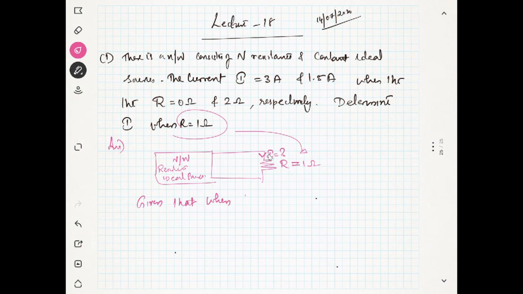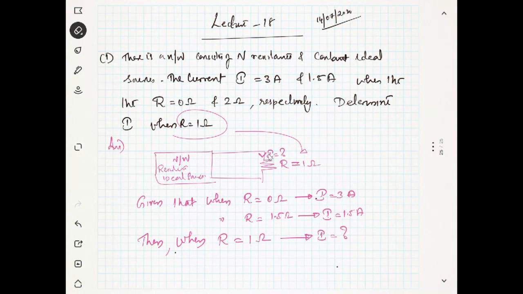But it is given that when R equal to 0 ohms, the current was 3 ampere. When R is equal to 1.5 ohm, the current was 1.5 ampere. You mean 2 ohm, doctor?